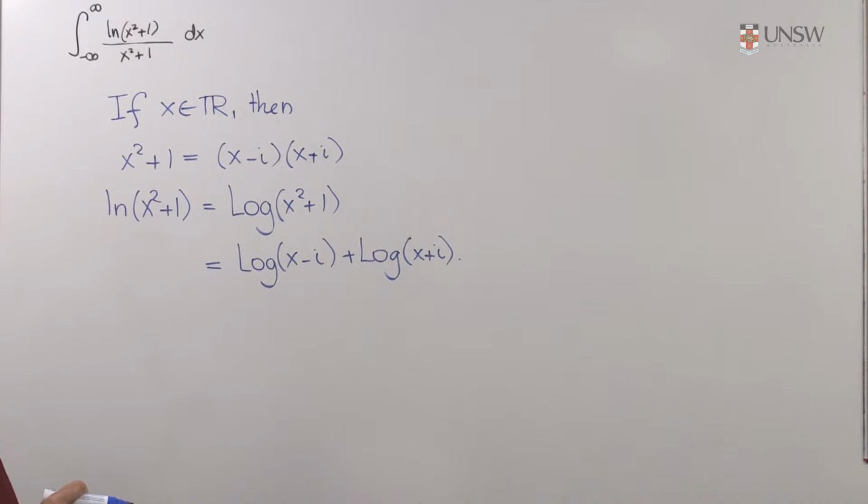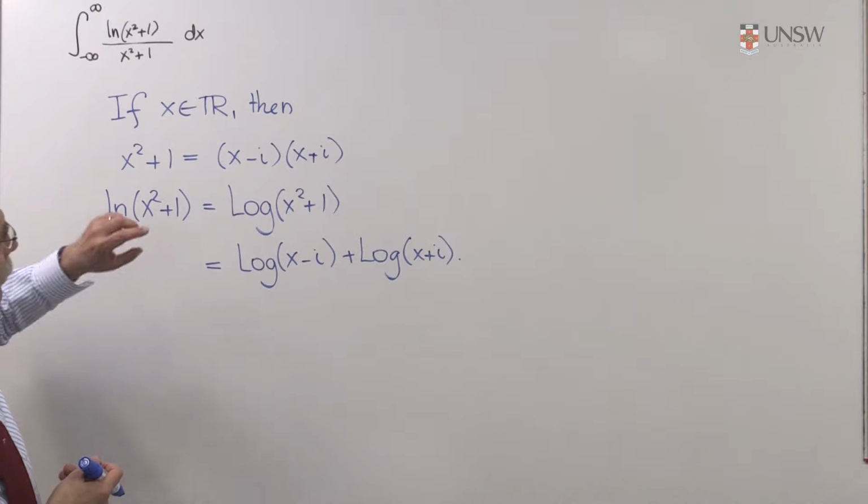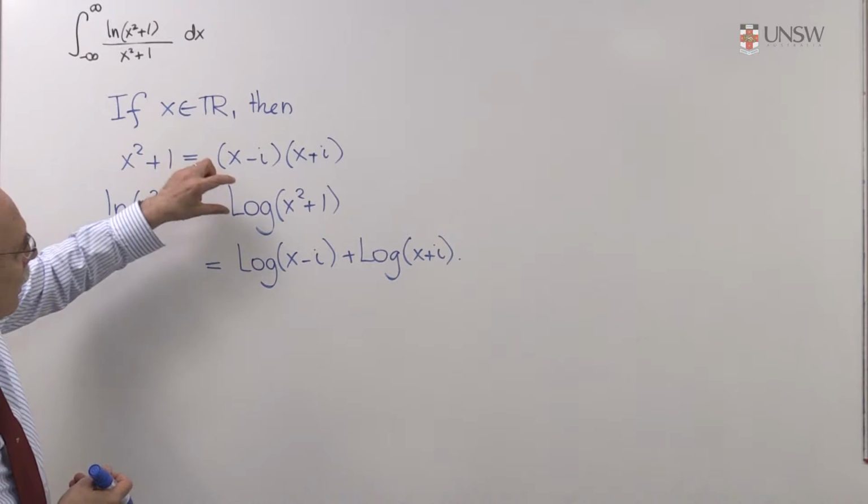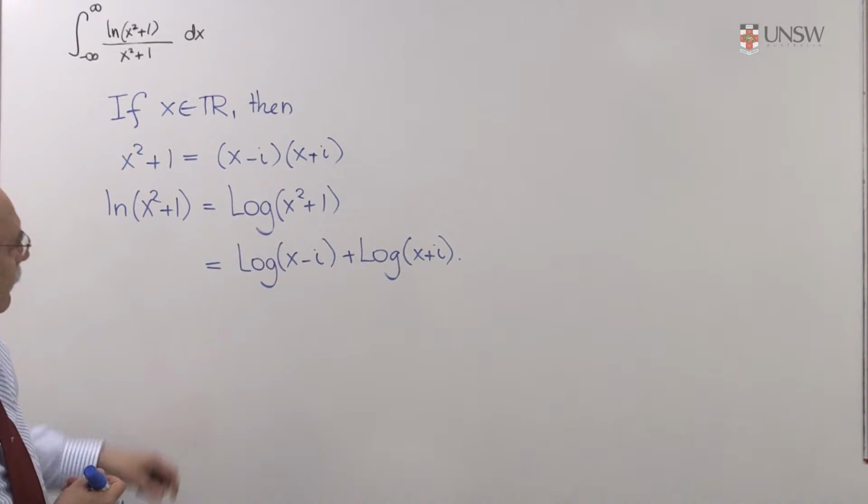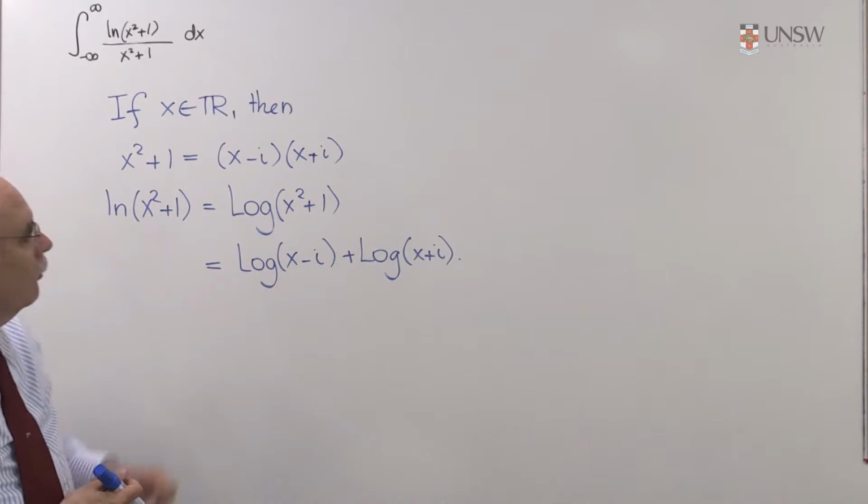Now, how do we know that this is true? Well, a capital L log has got a real part and an imaginary part, and the real part is just the natural log of the modulus of this, and there's no problem with that.